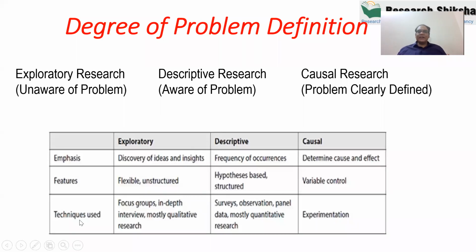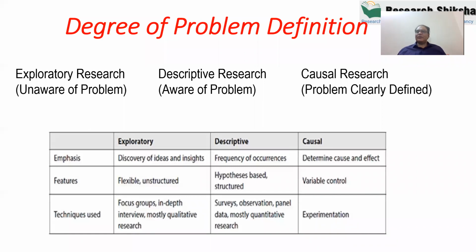Okay, so there are three things which you can see here. Emphasis: the emphasis of exploratory is the discovery of idea and insight. In descriptive, we go in detail. And in causal, we find out the cause and effect relationship. The exploratory is flexible because you don't have any idea, so you can do anything. You can conduct focus groups, you can take interviews, you can collect the information.